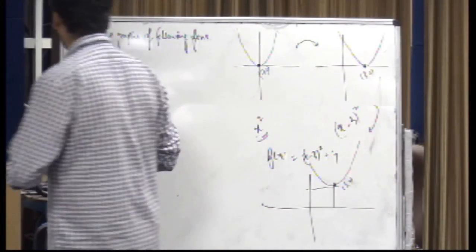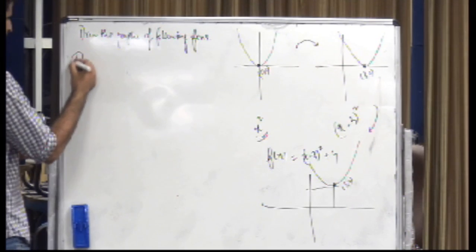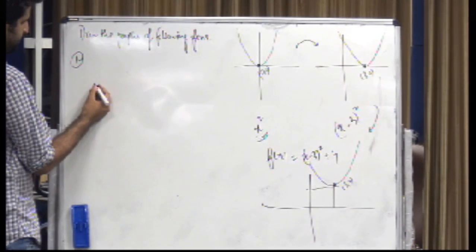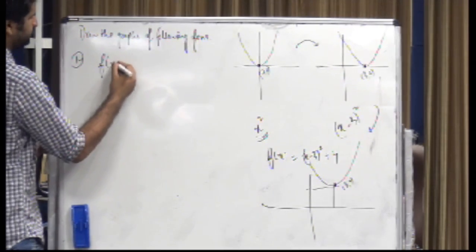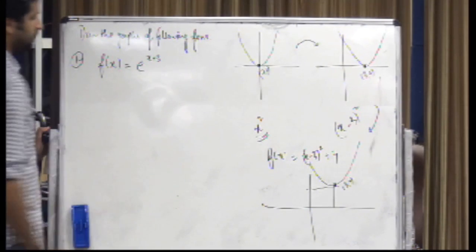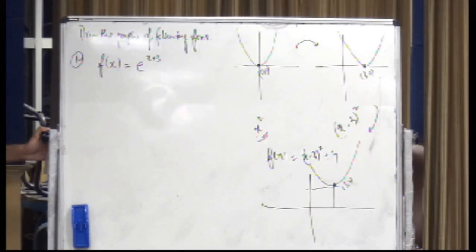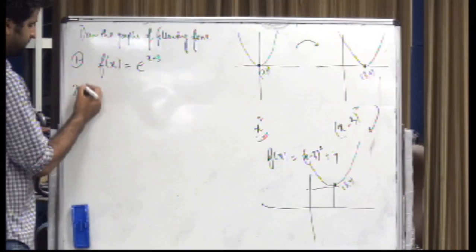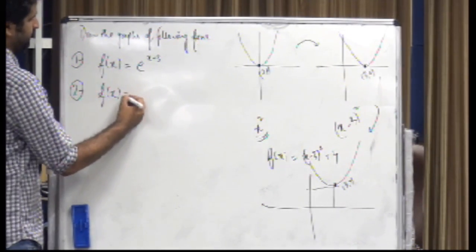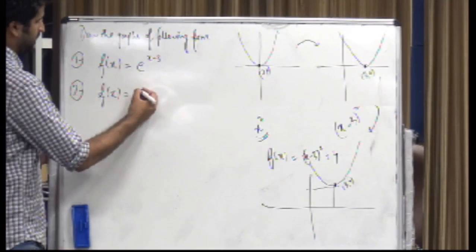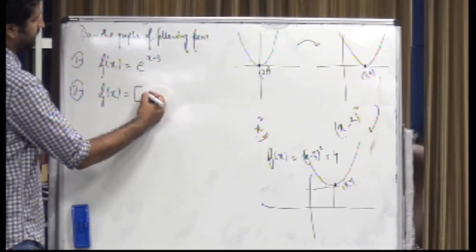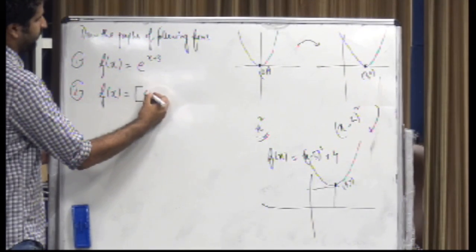So draw the graphs of following functions. First one is f of x is equal to e to the power x plus 3. Next is f of x is equal to greatest integer function of 4x.